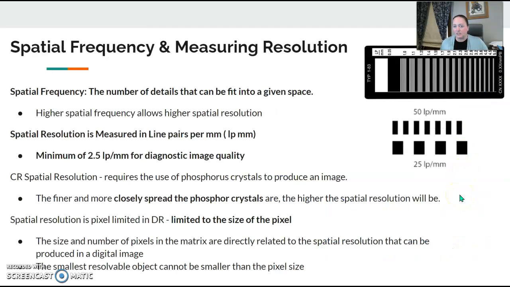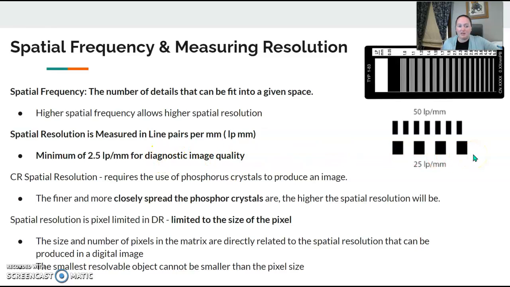Spatial frequency and measuring resolution. Your spatial resolution is measured in line pairs per millimeter. More line pairs per millimeter, better the resolution. There's a minimum of 2.5 line pairs per millimeter for diagnostic image quality.